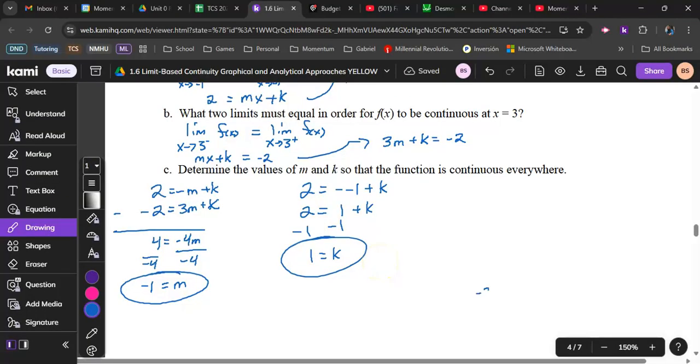Now, I'm going to draw a quick picture so you can see what it is. If we're at x is negative 1 and 3, at negative 1, it was 2. At 3, it's at negative 2. And basically what I have then is the other function that looks like this, and I'm moving it up and down so that it perfectly lines up with these 2 points at 2 and negative 2.